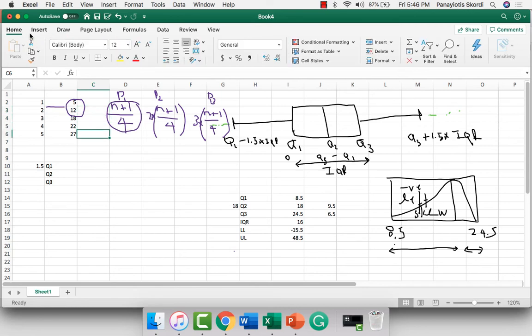So what's the average of 5 and 12? That's going to be equals 5 plus 12 divided by 2. It's 8.5. And look, that's the same 8.5 as we got down here for Q1.